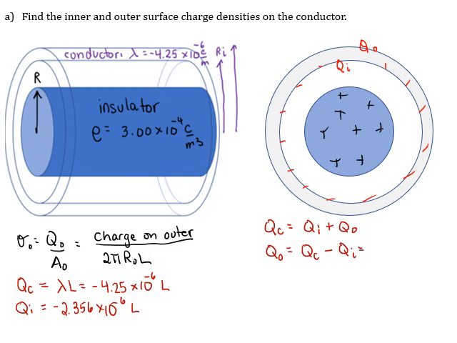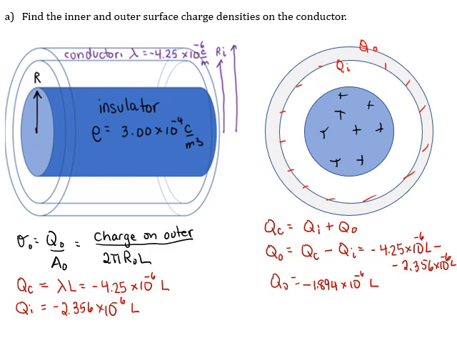We've got the Q of the conductor, minus 4.25 times 10 to the minus 6 L, subtract the Q of the inner surface, minus 2.356 times 10 to the minus 6 L, to give us the net charge on the outer surface of the conductor, which is equal to minus 1.894 times 10 to the minus 6 times L. There's our charge on the outer surface.